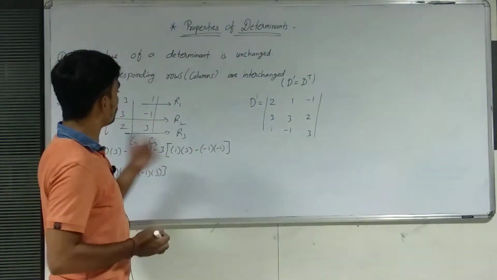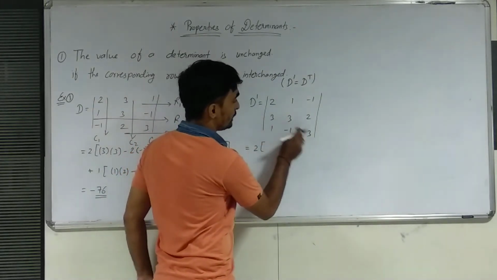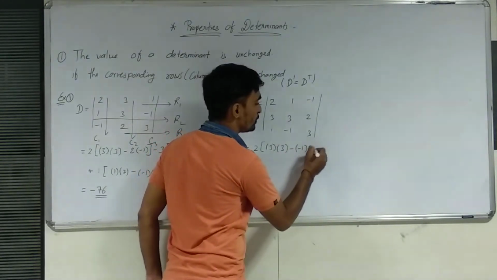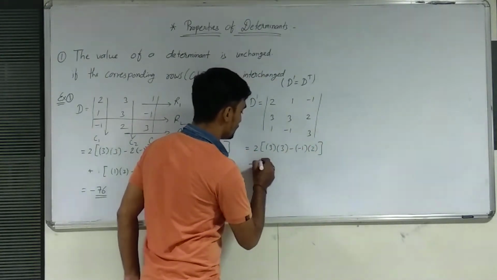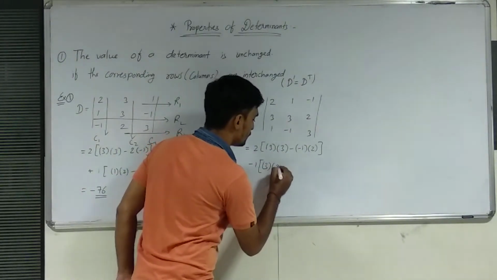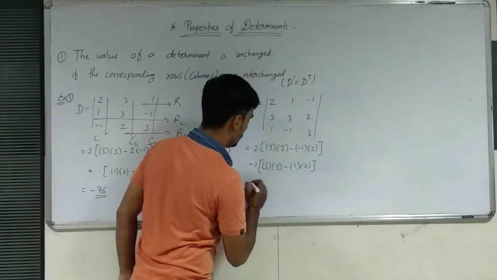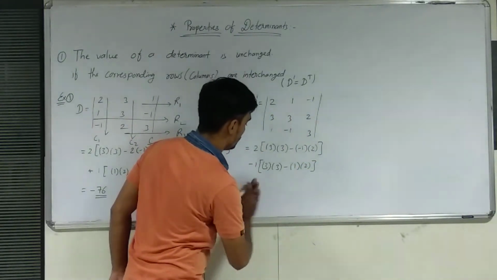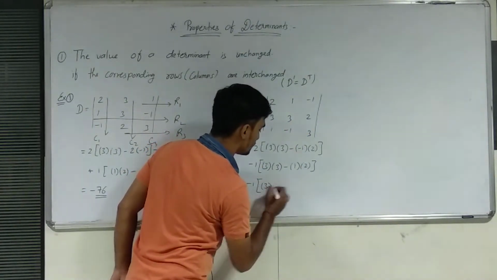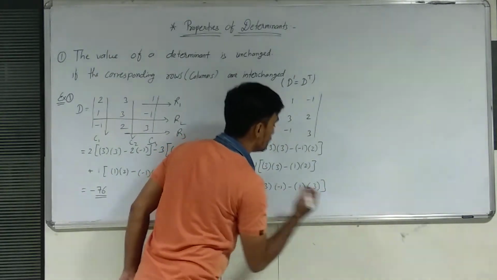Now we can solve by the determinant method. It is 2 into 3 into 3 minus minus 1 into 2, minus 1 into 3 into 3, 3 into 3 minus 1 into 2, plus minus 1, 3 into minus 1 minus 1 into 3.